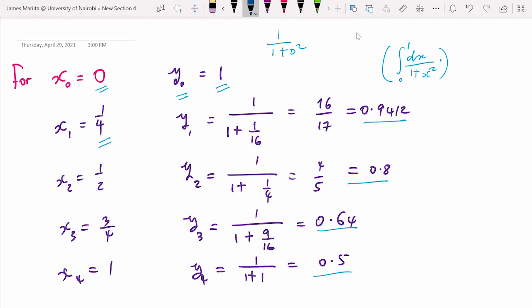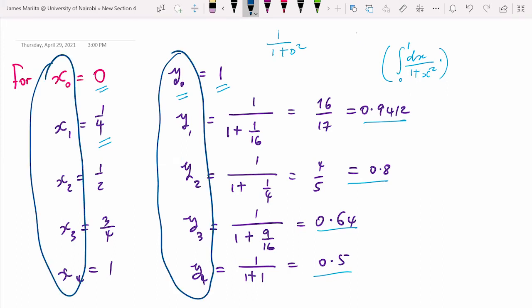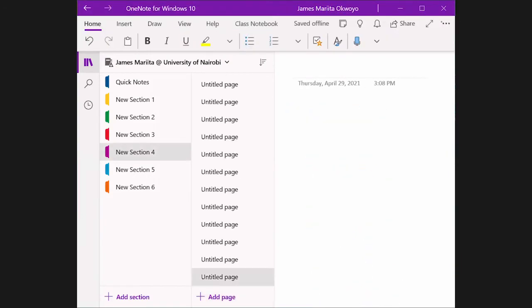So what is the 3/8 rule? What is the formula like? We have the y's, from y naught up to y4, then we have the x. Now let's see what happens with the 3/8 rule.